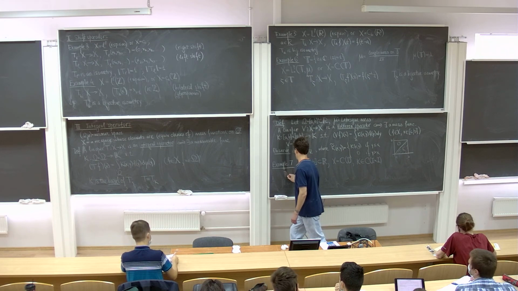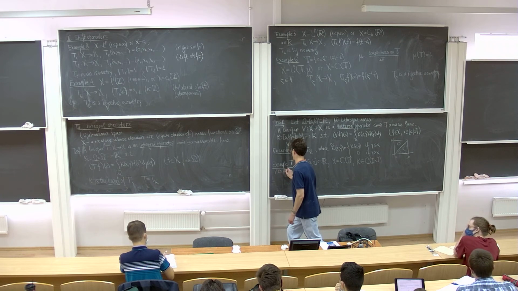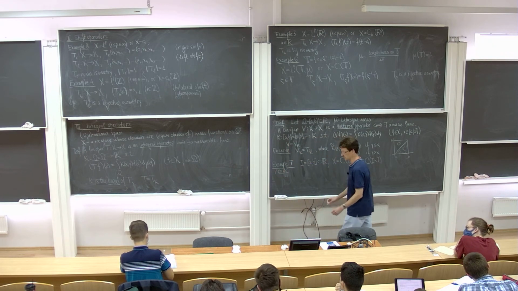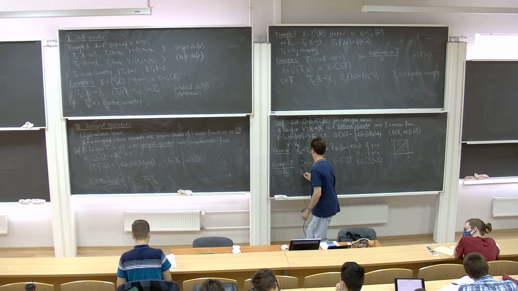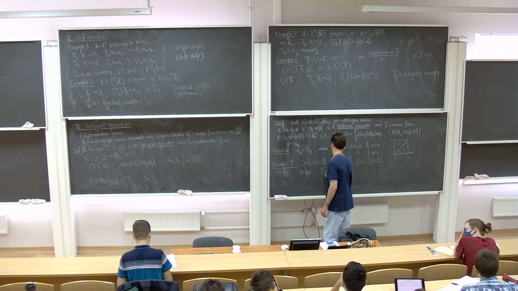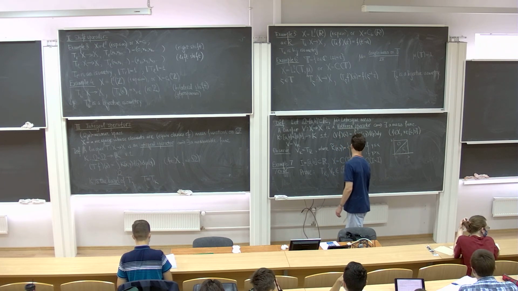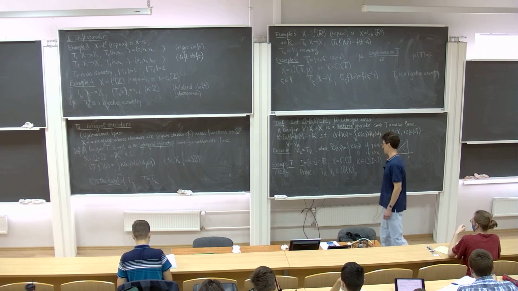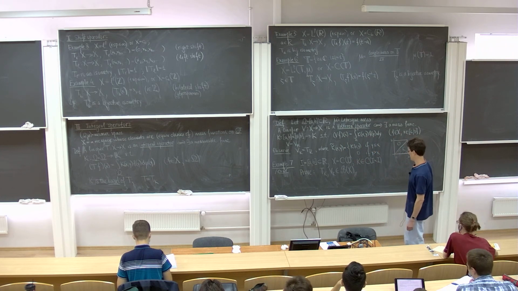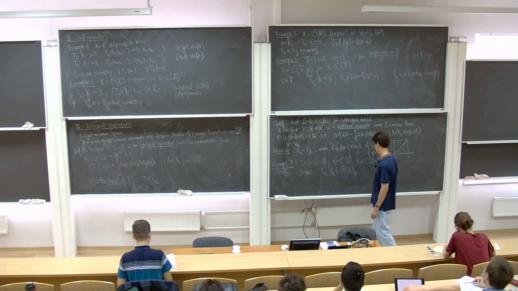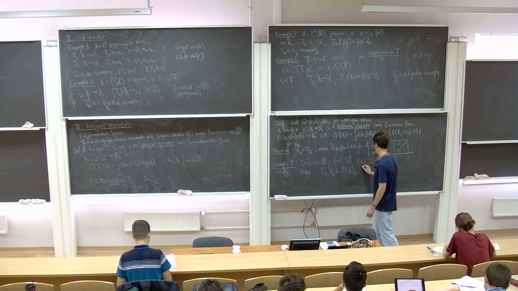It's a simple exercise, and this is an example and exercise at the same time. So the exercise is to show that both T_K and V_K are bounded linear operators on X. Try to estimate the norm.